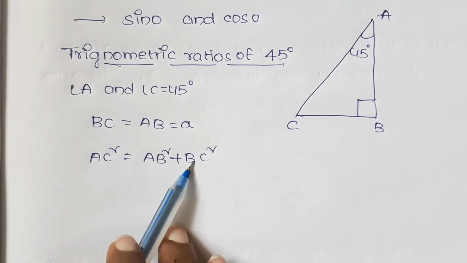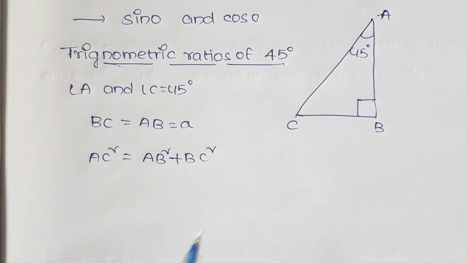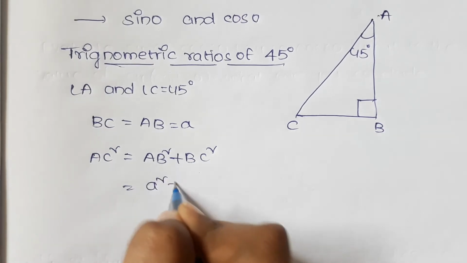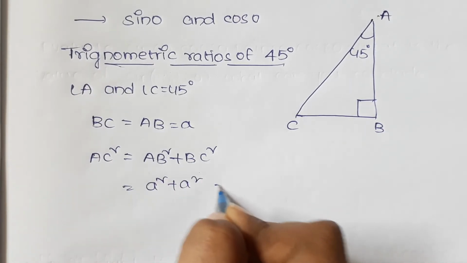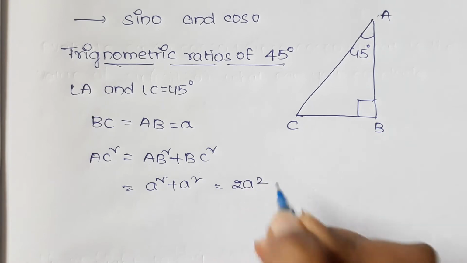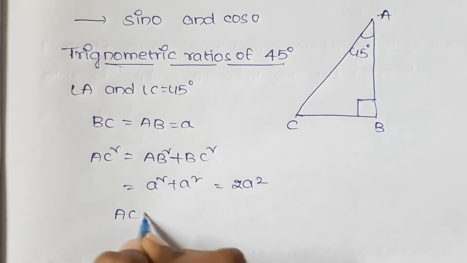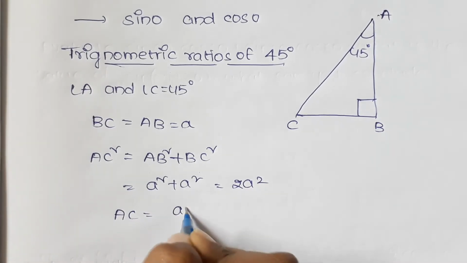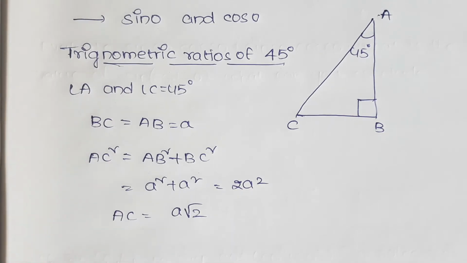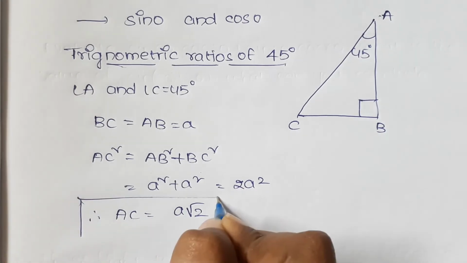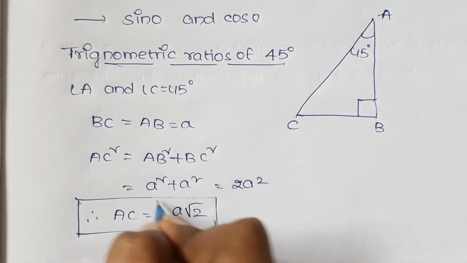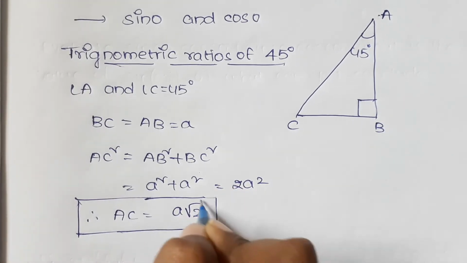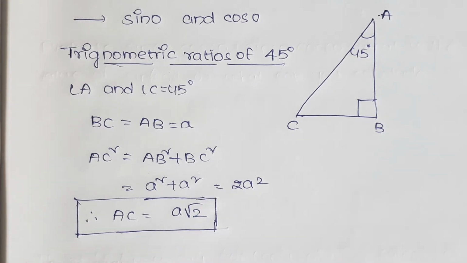Here AB and BC are A, that is A square plus A square, that is 2A square, and from this AC is nothing but A root 2. Now by using these definitions of trigonometric ratios we can find the values.